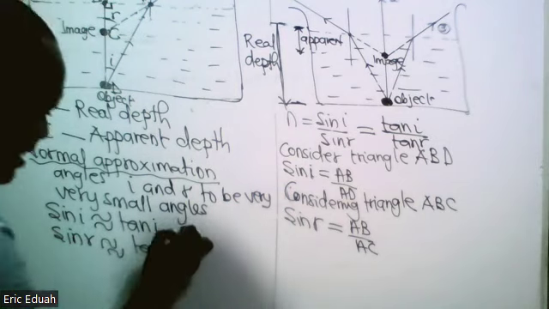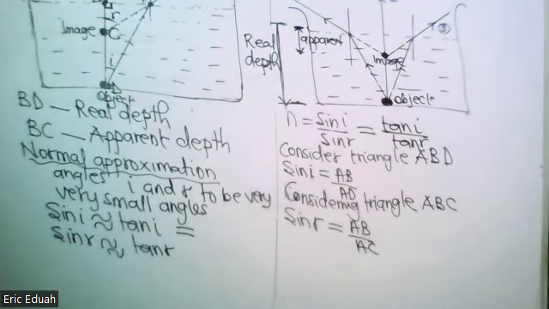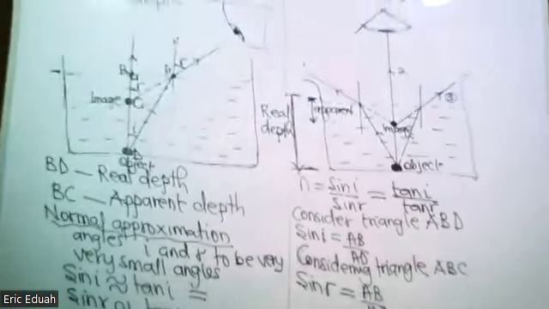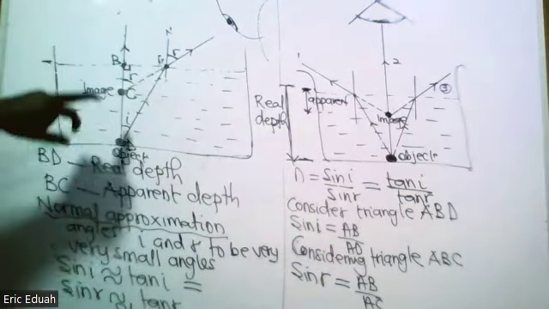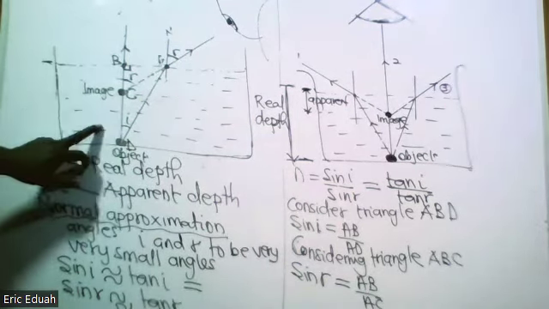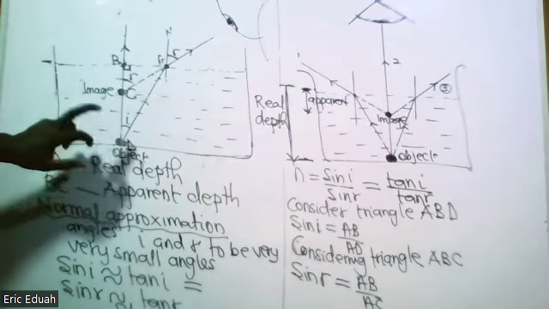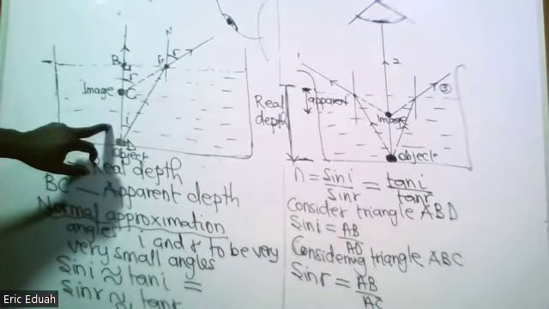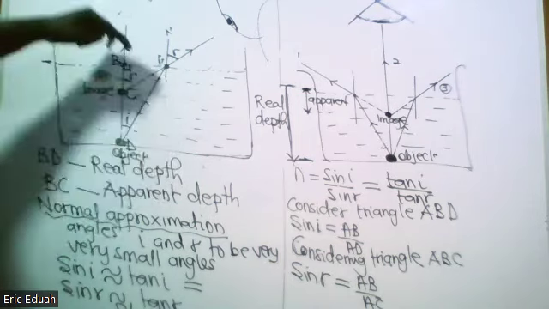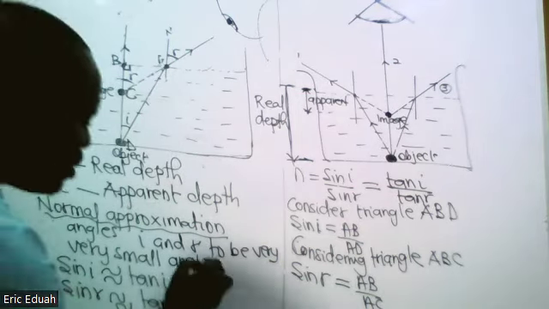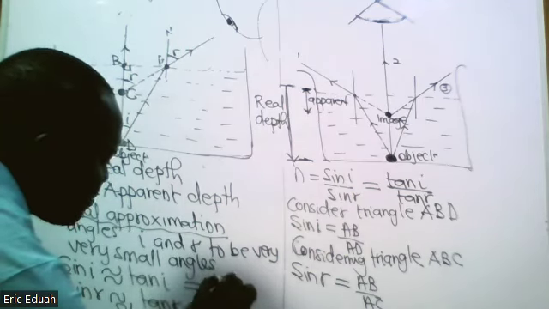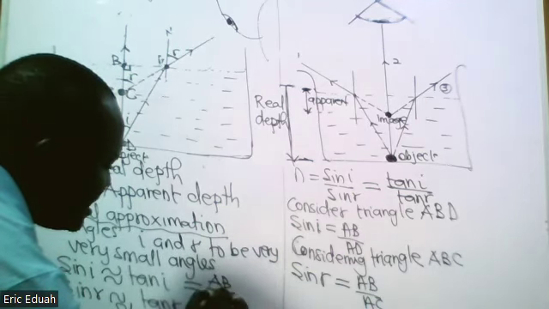So let's find tan I from our diagram. The same way we determine sine I, we consider triangle ABD. So tan I will be opposite AB over BD. So AB over BD.